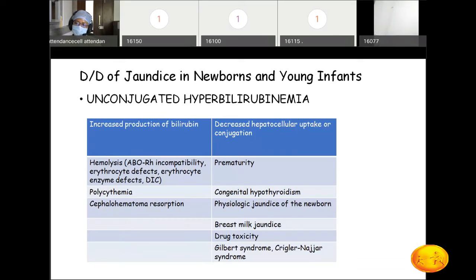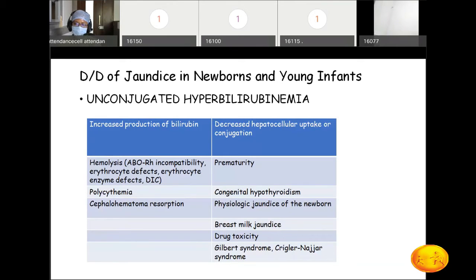Your UGT enzyme is either deficient or completely absent, and this will result in no conjugation happening, and hence these kids will have indirect hyperbilirubinemia. So a defect in conjugation, classically, is Crigler-Najjar syndrome and a few cases of Gilbert syndrome also.